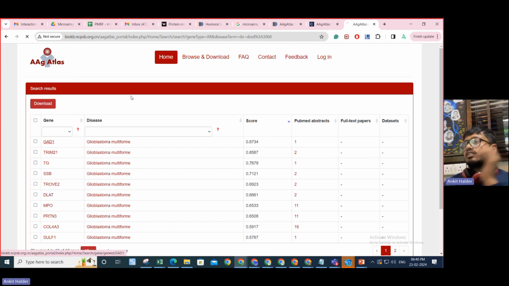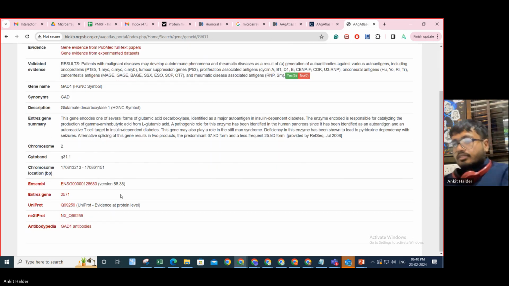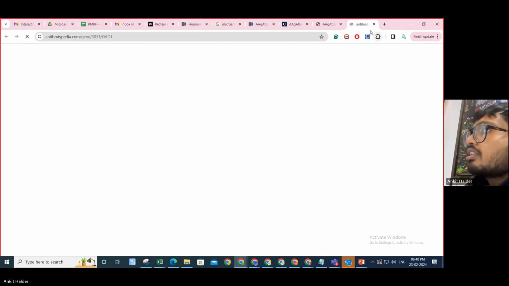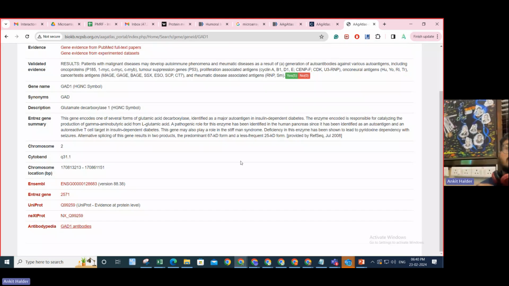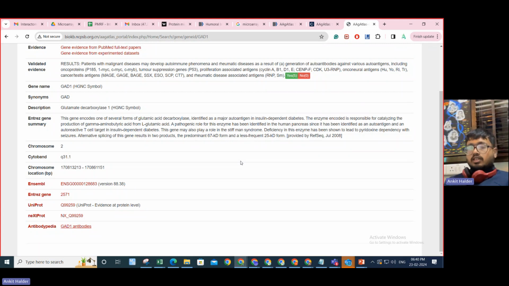So GAD1, that is glutamate decarboxylase 1, Antibodypedia, GAD1 antibodies. So you can go and do your further research on these particular things.